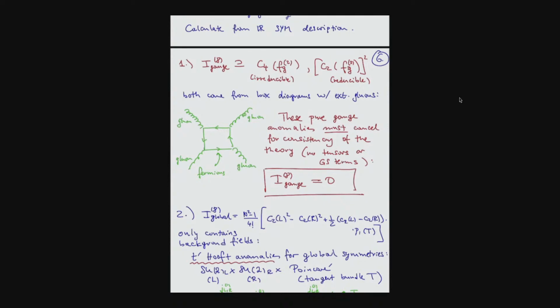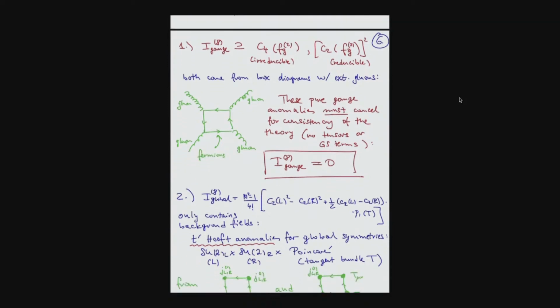And this kind of anomaly in 6 dimensions can have two different contributions, a reducible one and an irreducible one, corresponding to either C_4 or C_2 squared. And both of these can be calculated by evaluating this box diagram. So you get two anomaly coefficients here, which I didn't write out explicitly, but these are pure gauge anomalies. These anomalies must necessarily vanish for the theory to even be mathematically consistent.